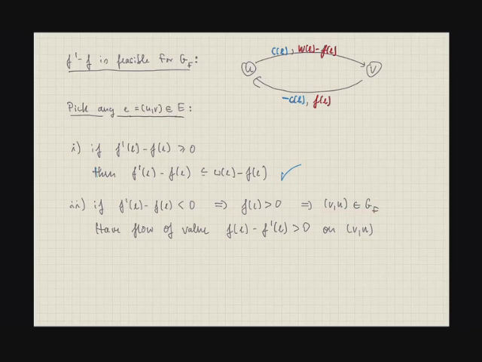So a negative flow in the direction from u to v translates to a positive flow in the opposite direction, on the arc from v to u.